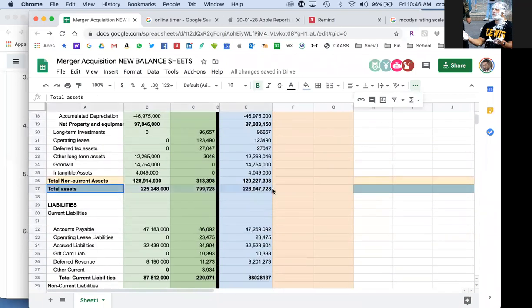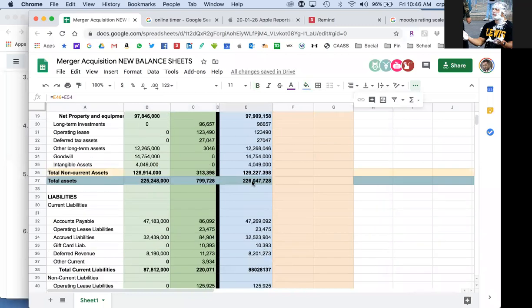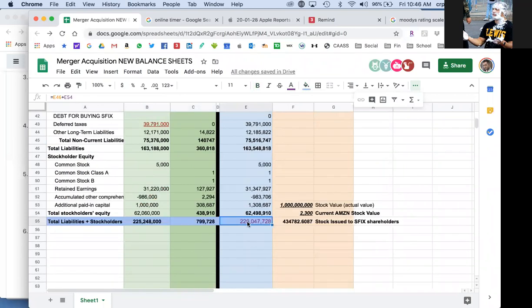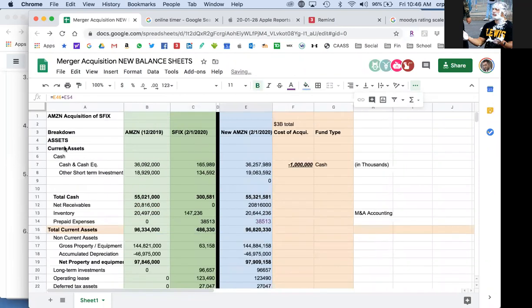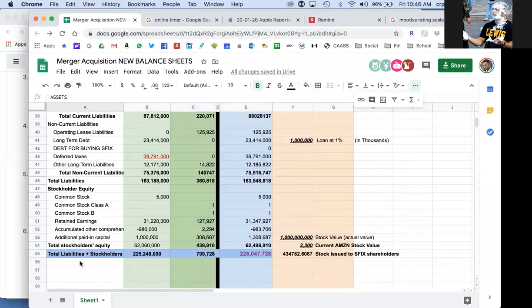Total assets, 226,047,728, should equal total liabilities plus stockholders' equity, 226,047,728. That means your balance sheet is balanced. That means assets equal liabilities and stockholders' equity.